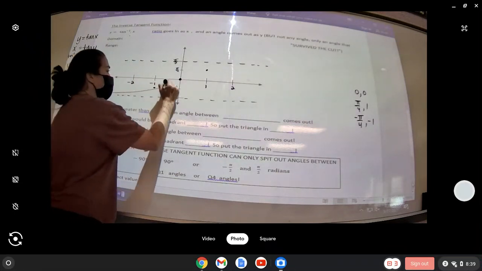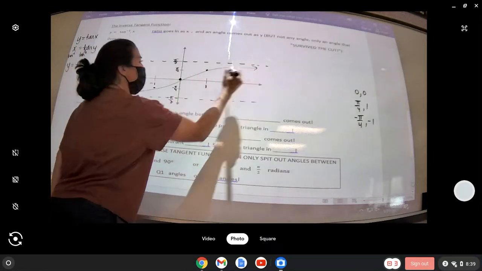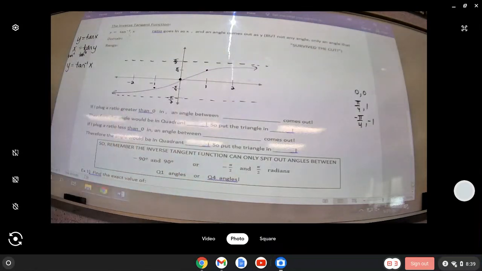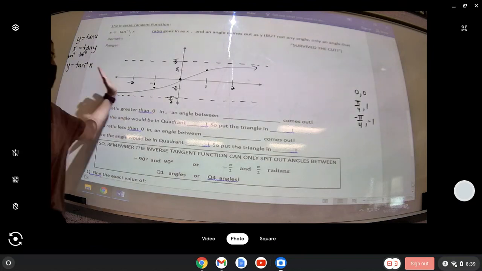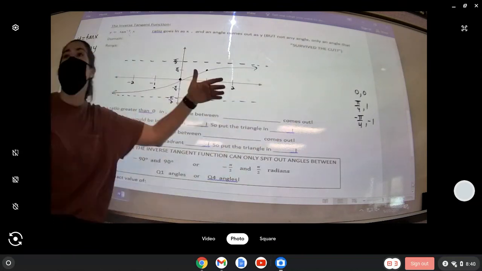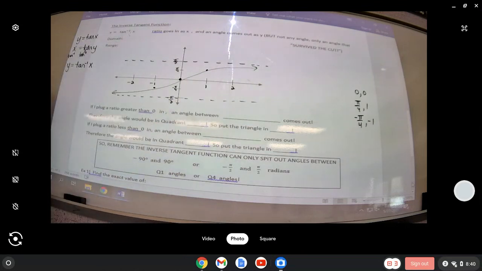So the graph looks like this. It doesn't go past them. It's sandwiched in the middle of angles between negative pi over 2 and positive pi over 2. So now the domain of the inverse tangent, guys, go ahead. Plug any ratio you want in, because all those ratios survived the cut, and they were endless. The ratios went from negative infinity to positive infinity.